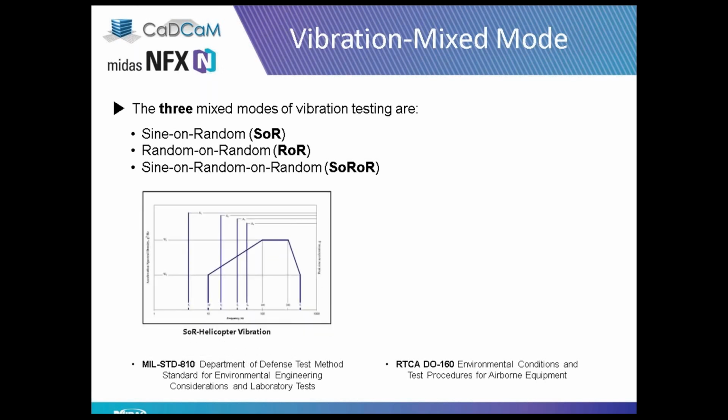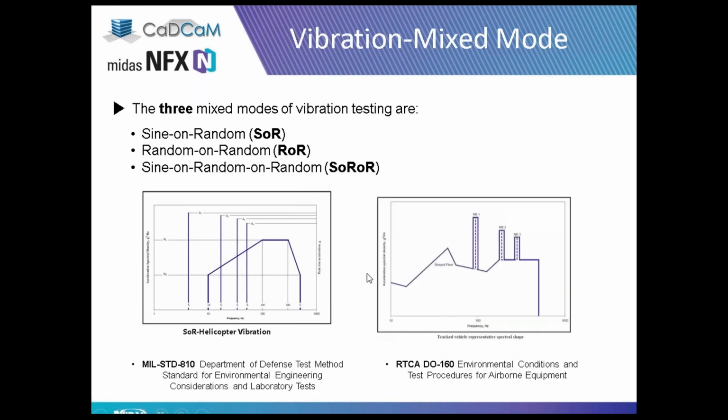Let's concentrate on the bottom left side of this slide. It is the PSD curve for a helicopter, and it's comprised of the continuous PSD curve and 3 sine waves, 1, 2, 3, 4. Those are the sine on the random.